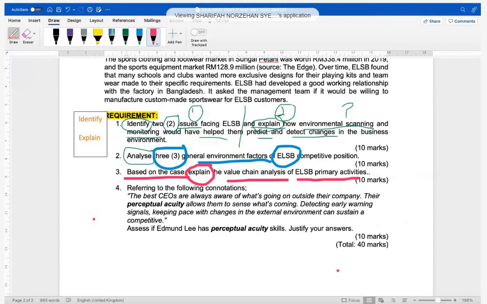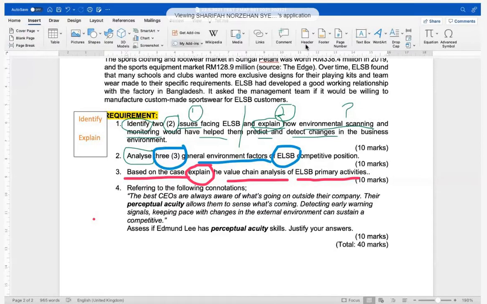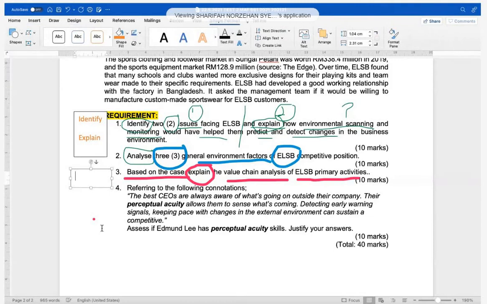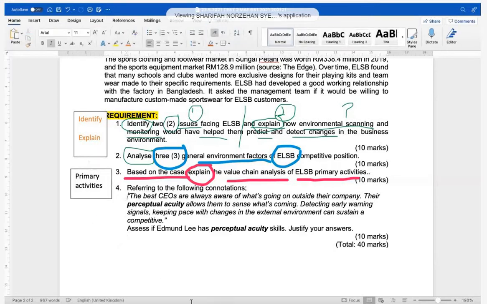So what must you have in your mind at this point? What primary activities have you learned? Inbound, operations, outbound, marketing and sales.